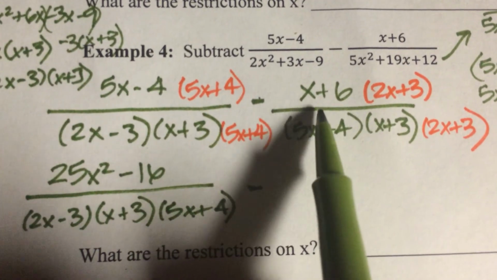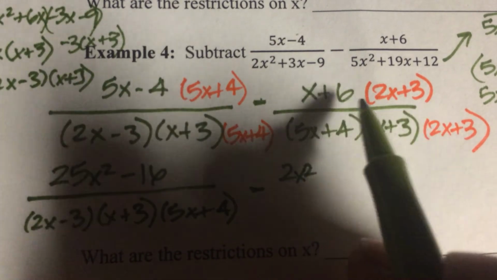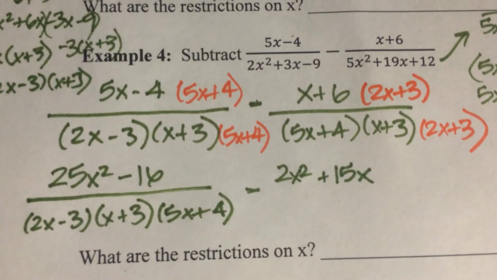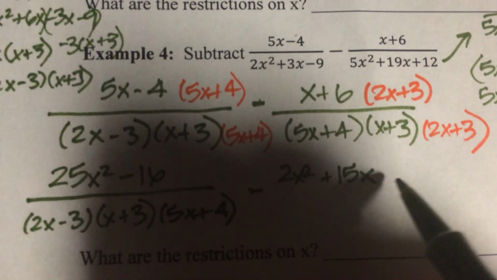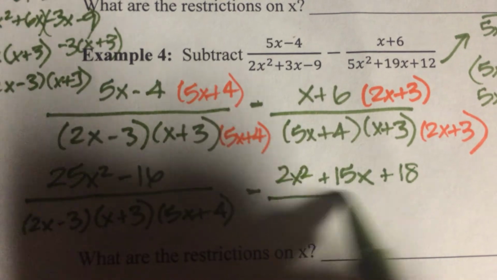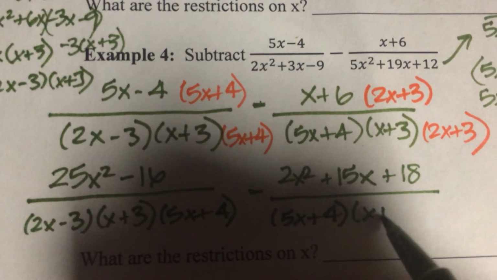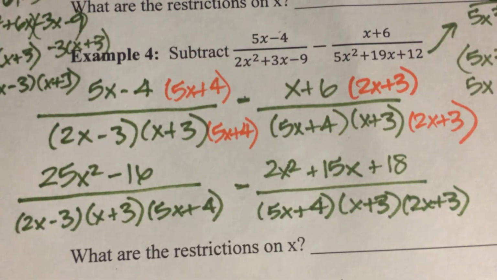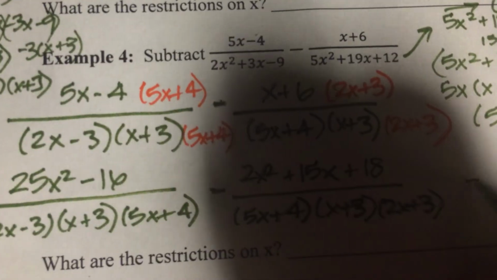Okay, if we FOIL this one out, we're going to get 2x squared plus 3x plus 12x, so that's plus 15x. Plus 6 times 3 is 18. Okay, just like that.